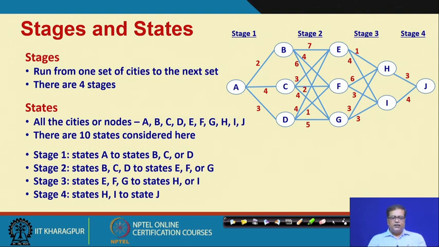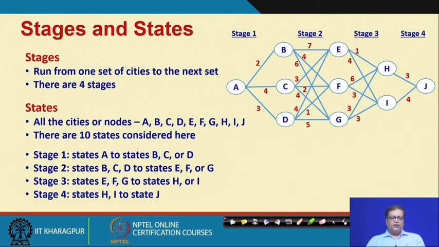And what are the states? You see, at every possible stage, after the conclusion of the stage you reach a state. So, there is only one state to begin with and there is only one state to end with. But after the conclusion of stage 1, you may be in one of the possible states, that is B, C or D. And after the conclusion of stage 2, you can be in E or F or G, and at the conclusion of stage 3, you can be in H or I. Is it all right?